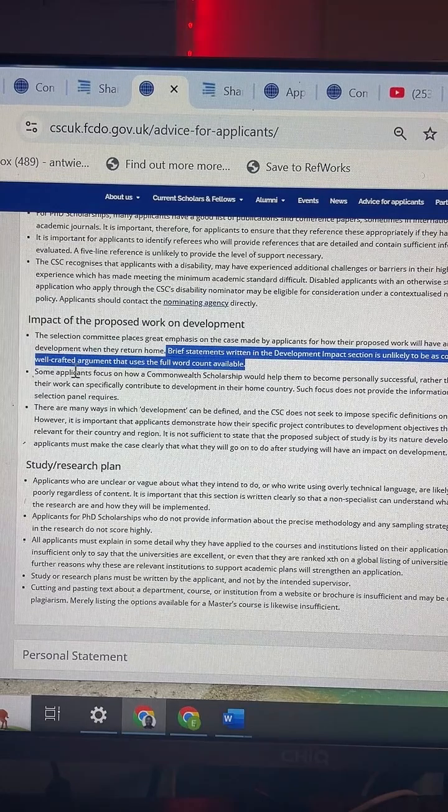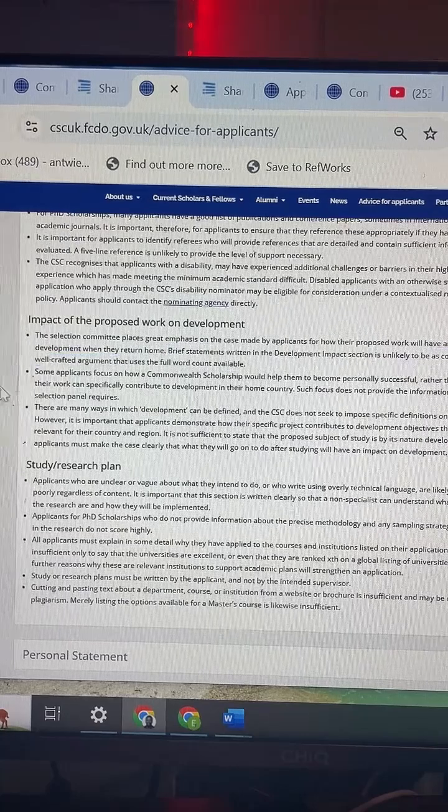So a brief statement written in the development impact section is unlikely to be as convincing as a well-crafted argument that uses the full word count available. So do not try just short sentences or bullet points and expect them to have a full understanding of what you mean. That will not guarantee your success.